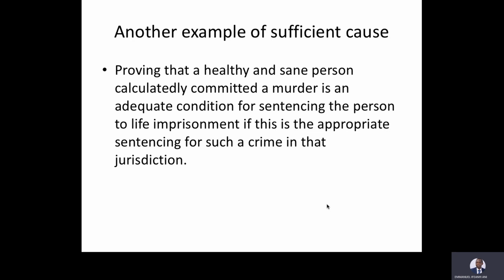And so he or she was not mad, was not insane, was not unhealthy, was not sick. So we would say that health and sanity, and then evidence of murder, are sufficient to have established such a crime.